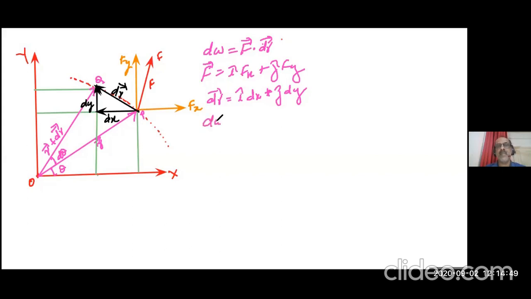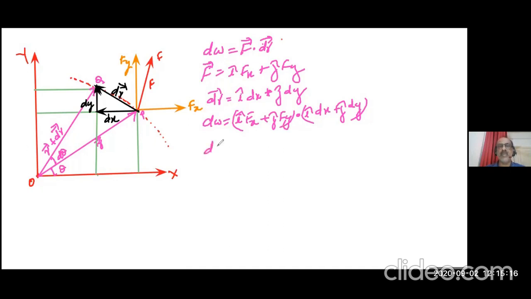Therefore, dw is equal to (i Fx plus j Fy) dot (i dx plus j dy). Now it is dot product. We know i dot i will be there, i dot j will be zero, j dot i will be zero, j dot j will be there.